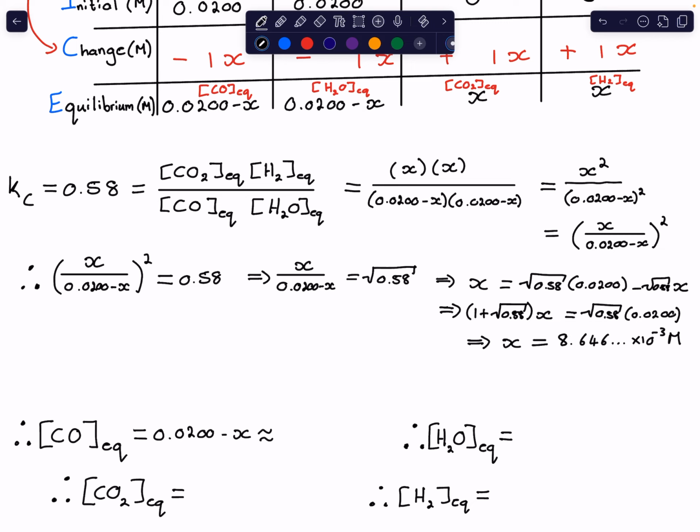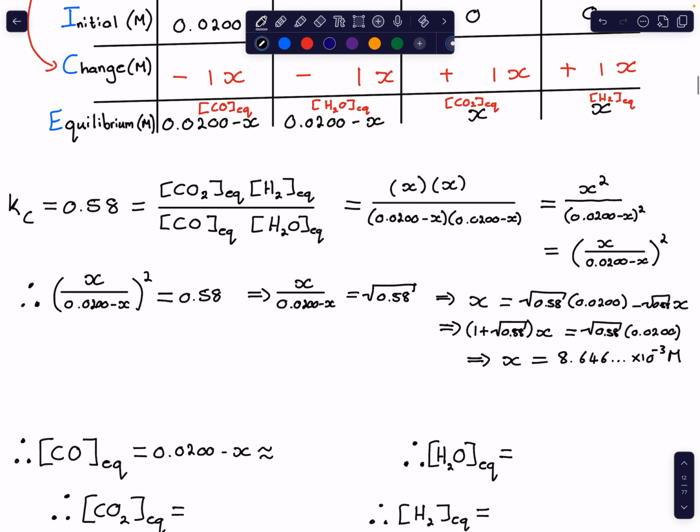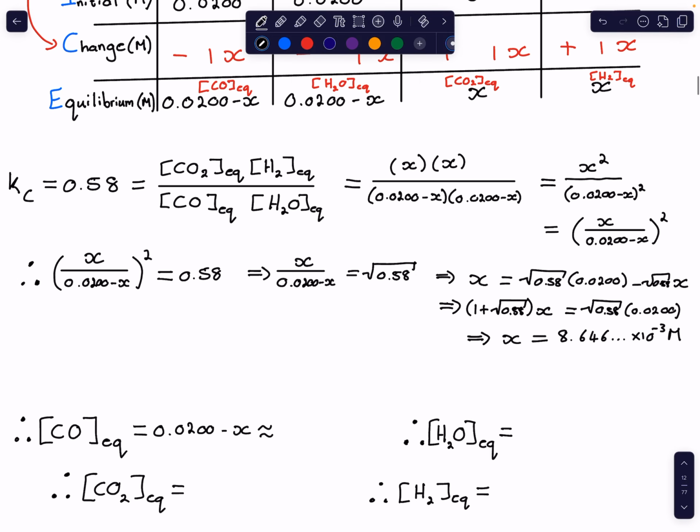So if we put that in and we round, and it is two significant figures because K is two significant figures, I get 0.011 molar. The same for water. It was 0.0200 minus x, which also rounds to 0.011 molar.